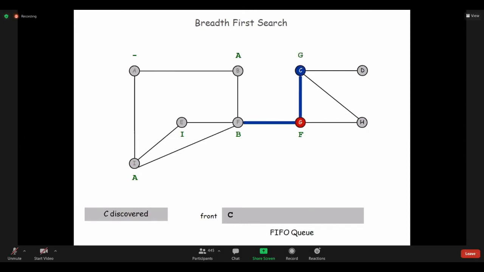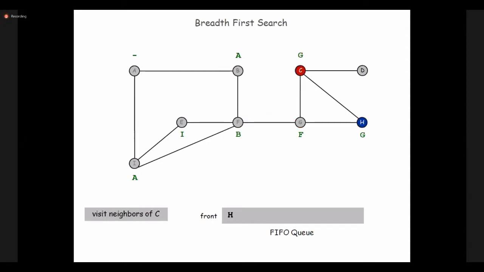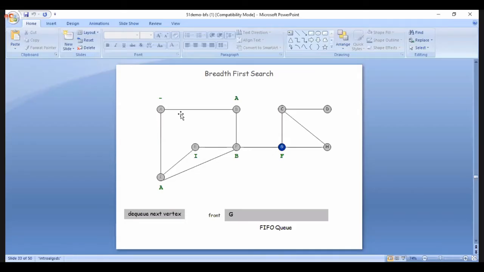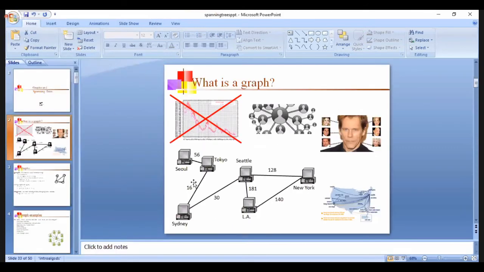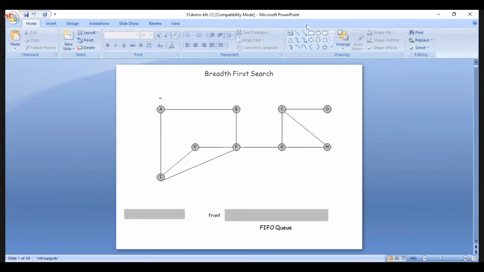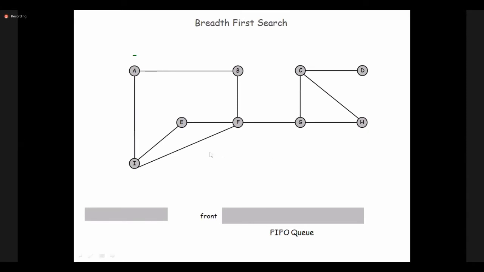It is a G. Wait, once again, I'll close it and open it. Is the screen visible now?